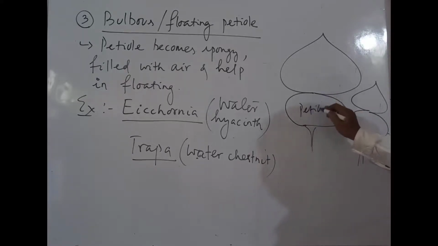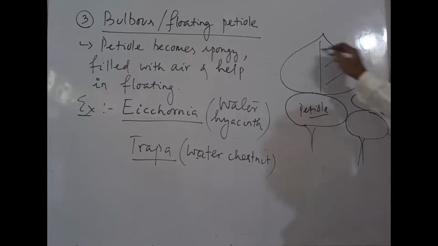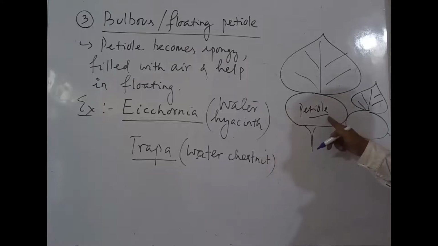This is petiole and this is lamina. And this petiole is spongy, known as bulbous and floating petiole. It makes the plant float on the water surface.